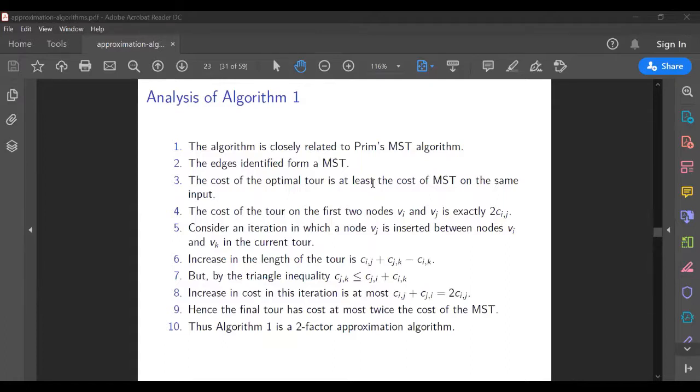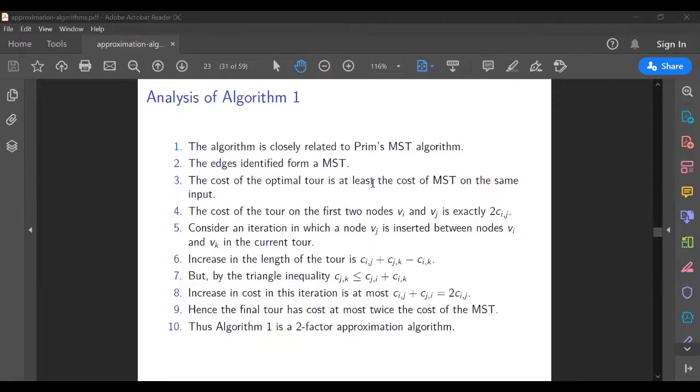We start with the lowest edge, then we add the next lowest edge. Like that, we add. When we are adding an edge, it should not form a cycle. Finally, if we exhaust all the edges, or if all the nodes are connected, we stop. That is Kruskal's algorithm for finding the minimum cost spanning tree.